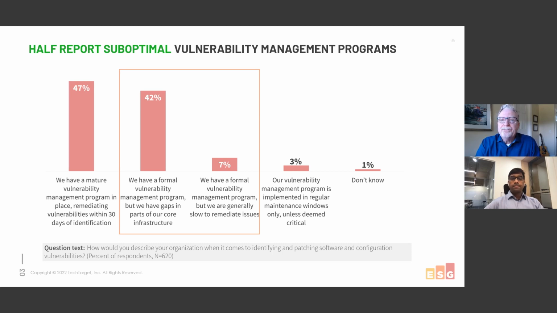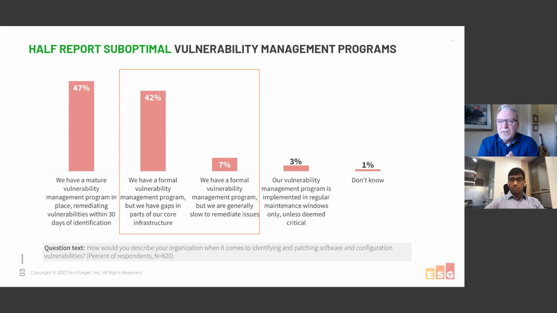And so given that, there seems to be a mismatch in that everybody's investing, everybody's spending time, money, and effort here, yet the results are still substandard, enabling sufficient amounts of attacks to get through that are causing organizations to struggle in this area.